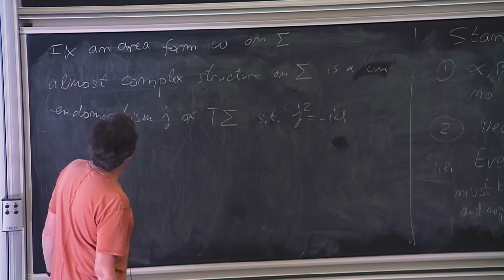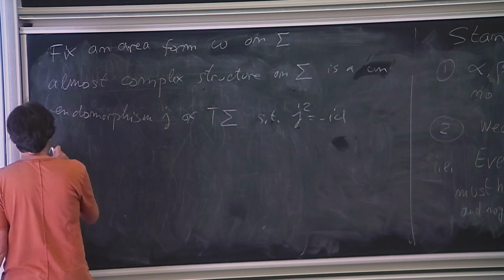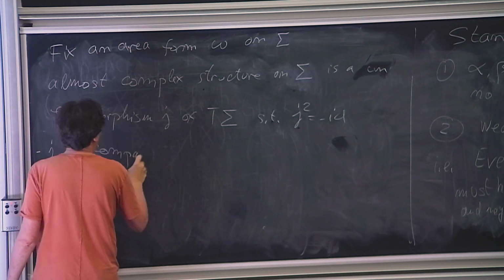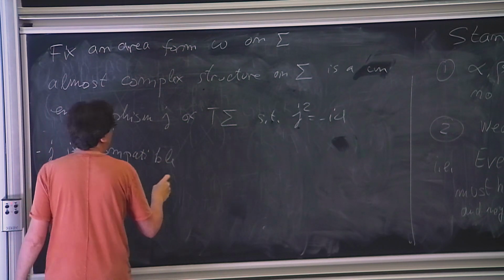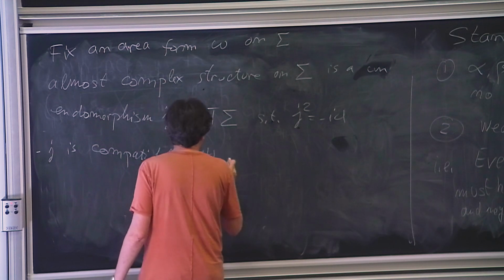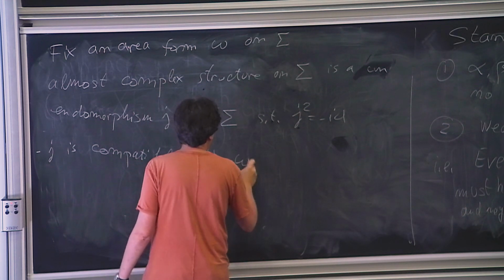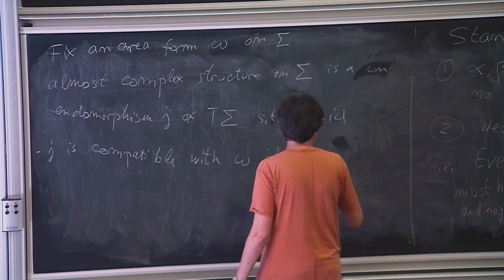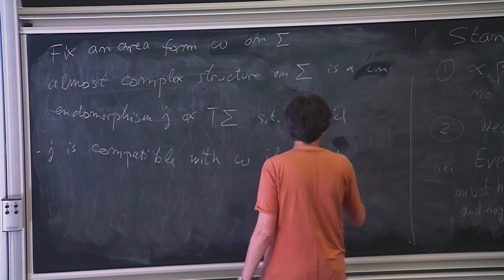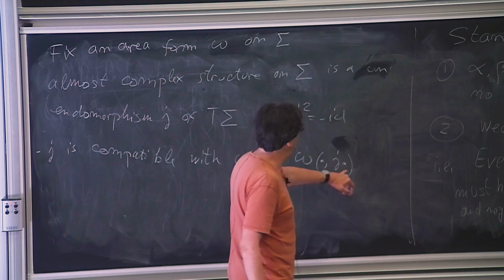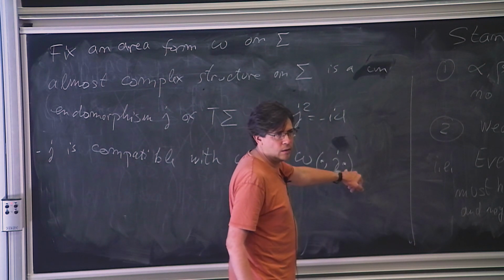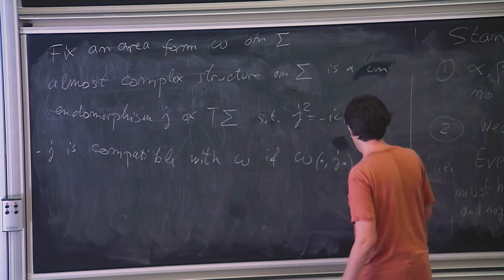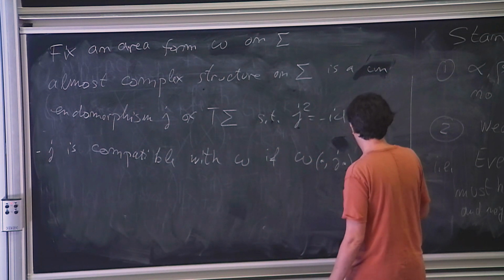So we say that J is compatible with omega if we take omega and we twist by J in the second coordinate, this becomes a Riemann metric.